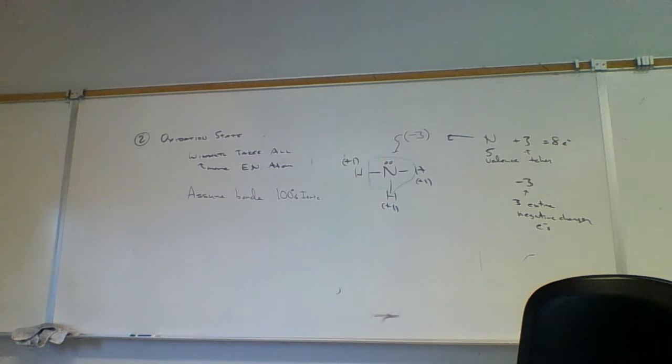So nitrogen is going to end up with how many electrons? 8. But it only contributed 5, and therefore it has 3 extra. Those 3 extra we indicate with a -3 because 3 extra negative charges. And then the hydrogens are left with none, and so it gets the +1. So this tells us about redox properties.